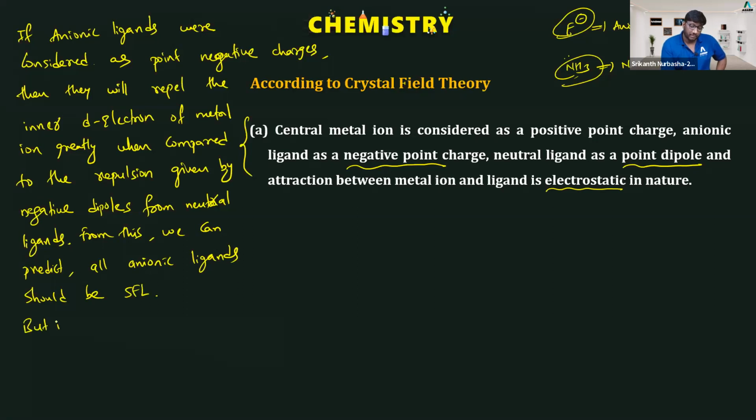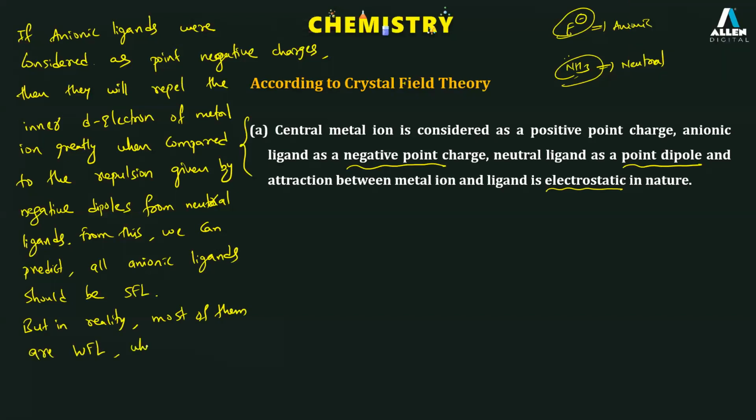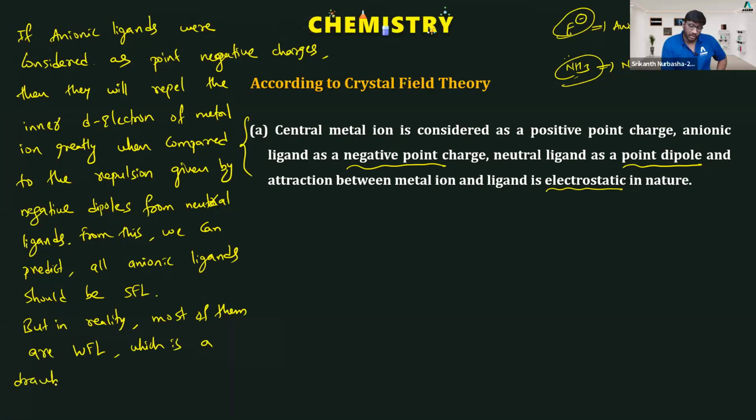But in reality, most of them are weak field ligands, which is a drawback of crystal field theory, CFT. From the first statement itself, we have understood one drawback of crystal field theory.